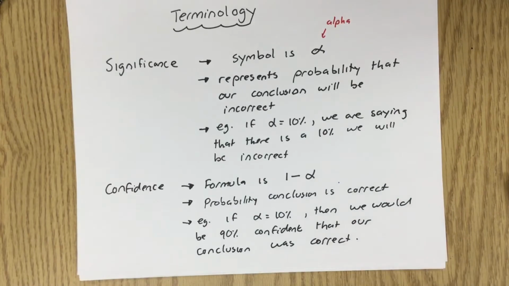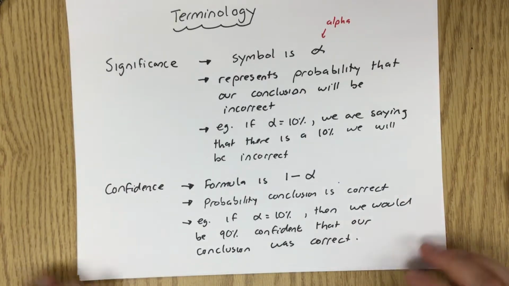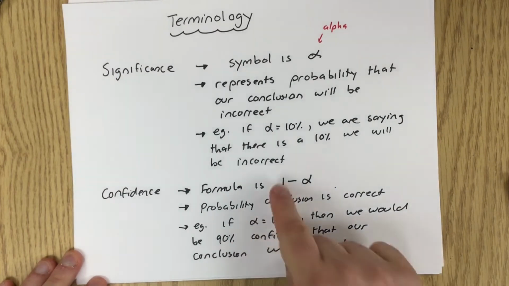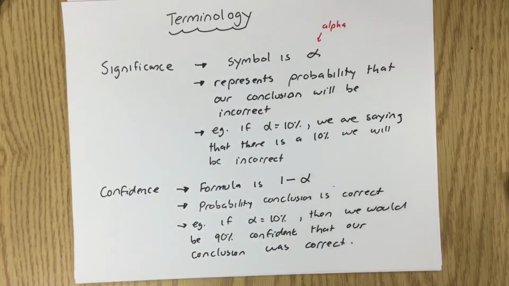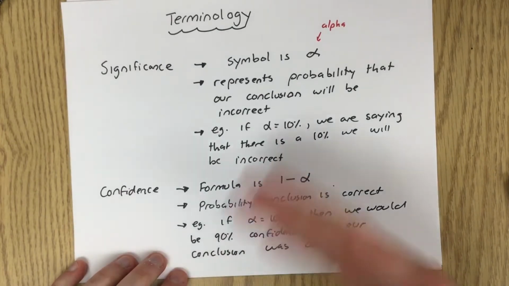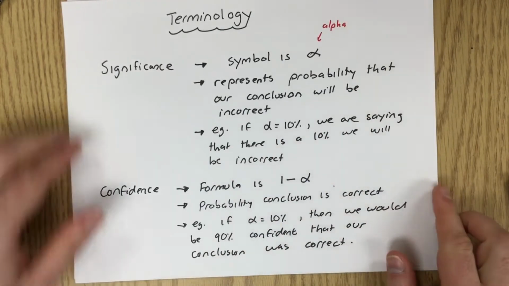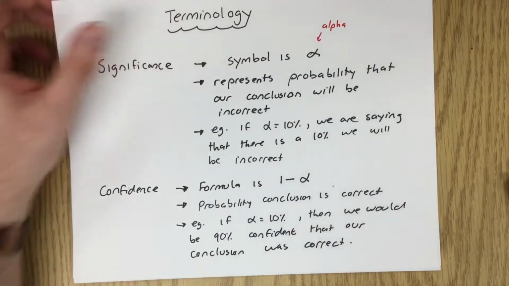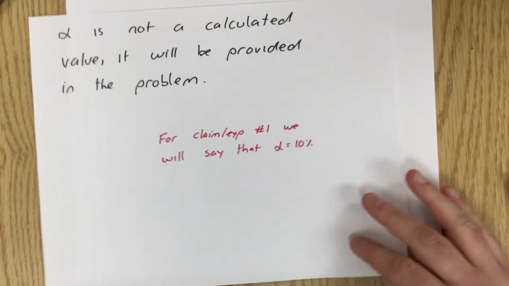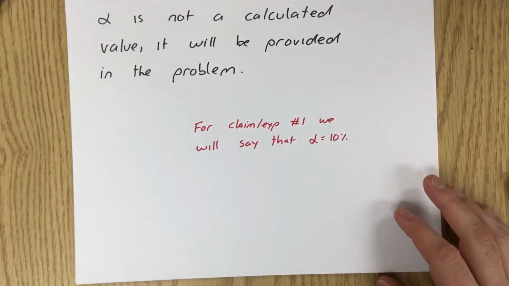Confidence is the opposite of significance. There's not really a symbol for confidence, but the formula is 1 minus alpha. And confidence is, of course, the probability that you are correct. So if the significance was 10%, then our confidence would be 90%. Now, it's important to point out that alpha is not a calculated value.